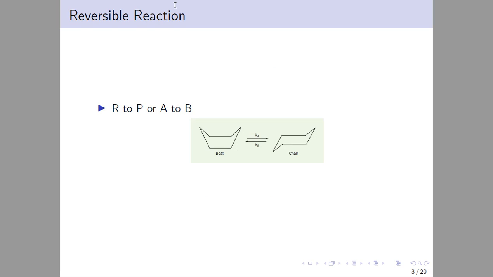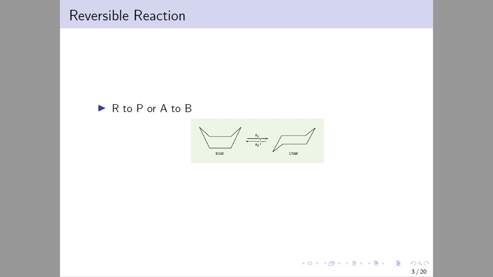Here is the example, R to P, reactant to product, or A to B, open to close. It can be for C6 carbon, in boat conformation or in chair conformation, with the reaction rates Ka and Kb.